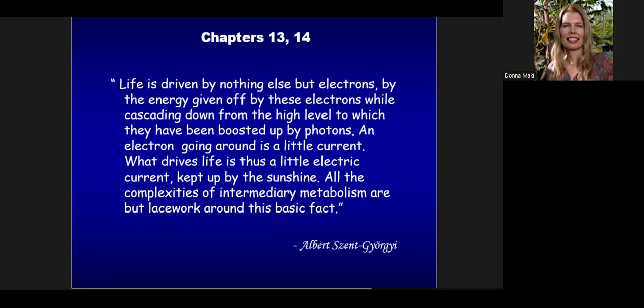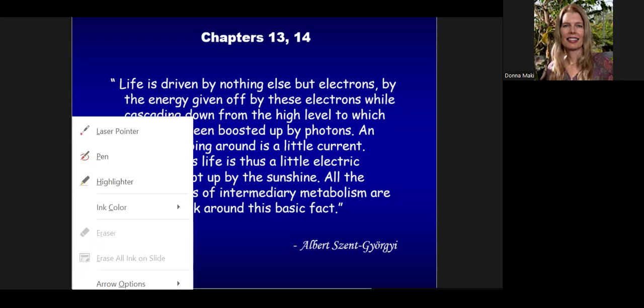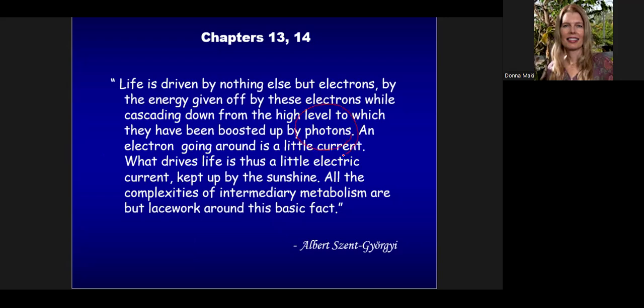All the complexities of intermediary metabolism are but lacework around this basic fact. As a plant person, I love this because they're really honing in on the idea of photosynthesis, and everything else is just lacework around that. All right, so photons of light. So we are going to talk about photosynthesis.